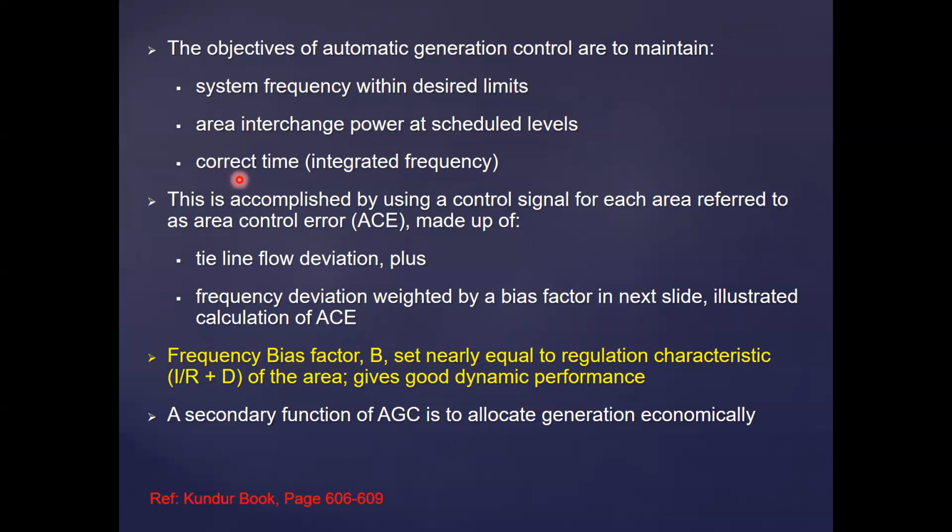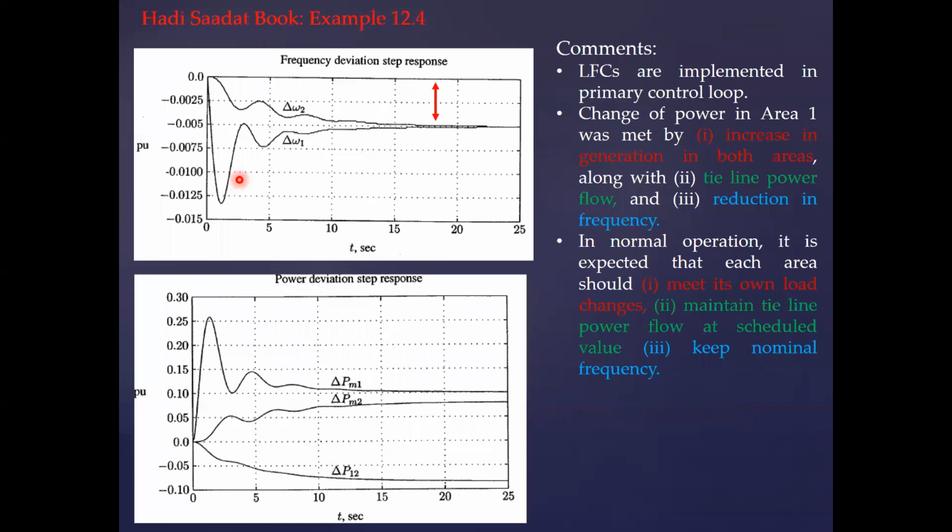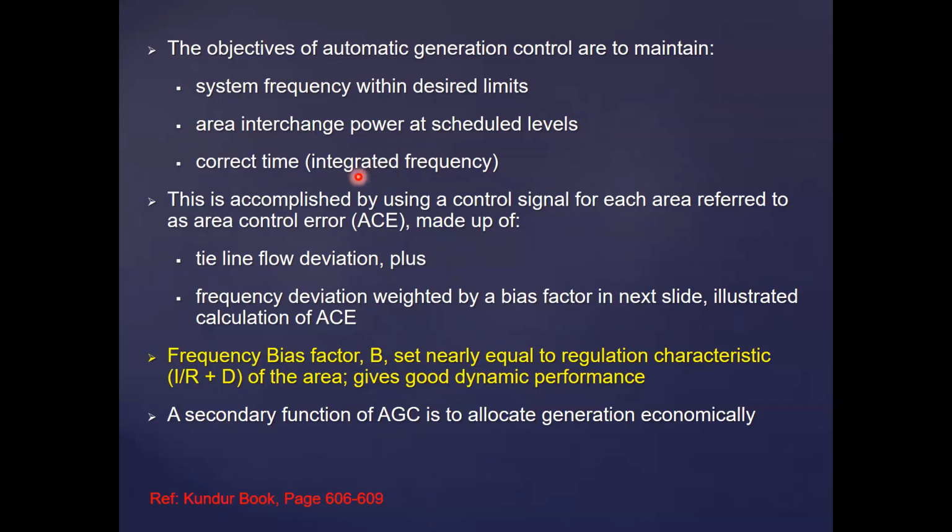That means it should not be lagging, because as you can see here, the common frequency is restored after 15 or 20 seconds, but it is expected that frequency should be restored back in a good enough time.